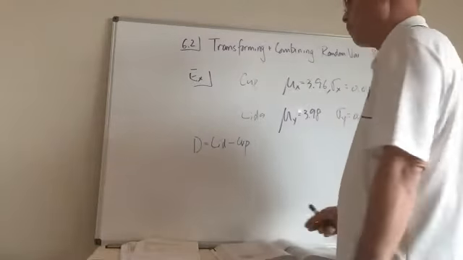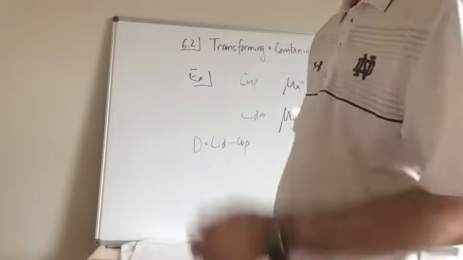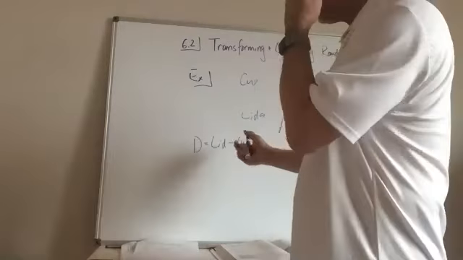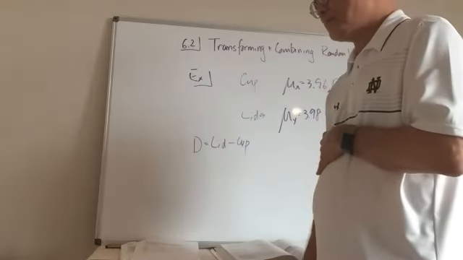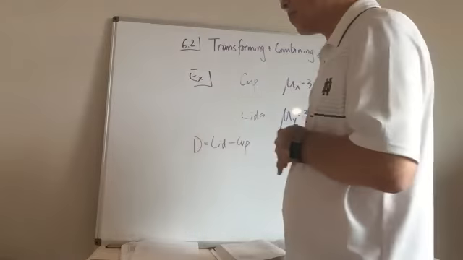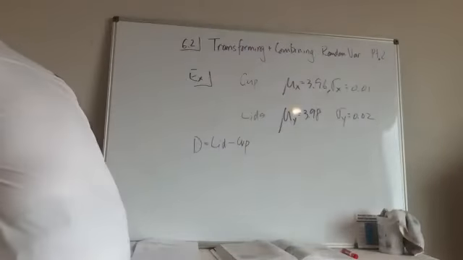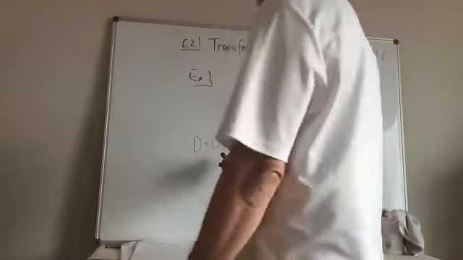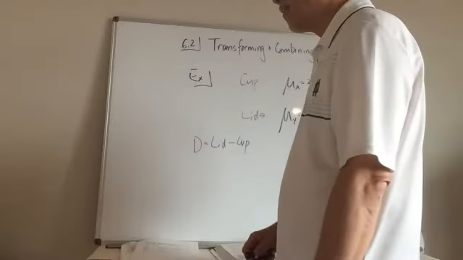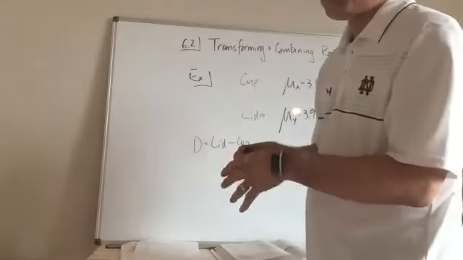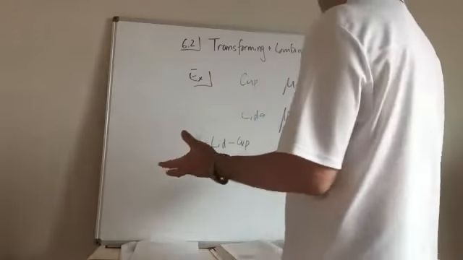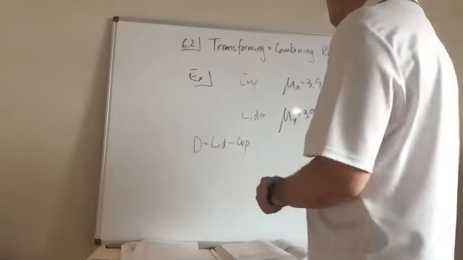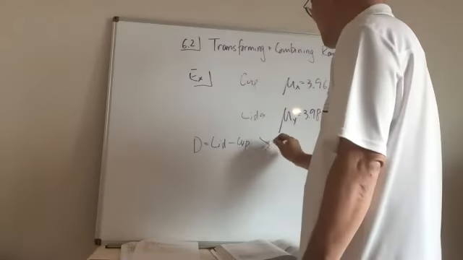What does that mean? Will the lid fit the cup? What will happen to the lid? It'll fall into the cup. Disaster, right? So you want this to be greater than 0, obviously.